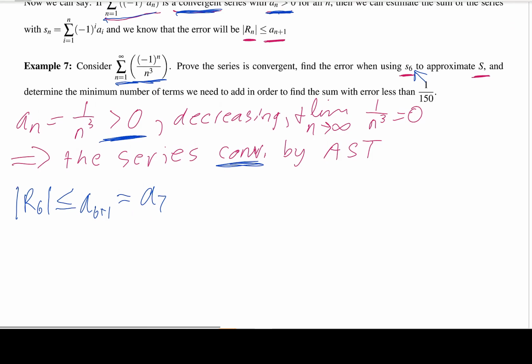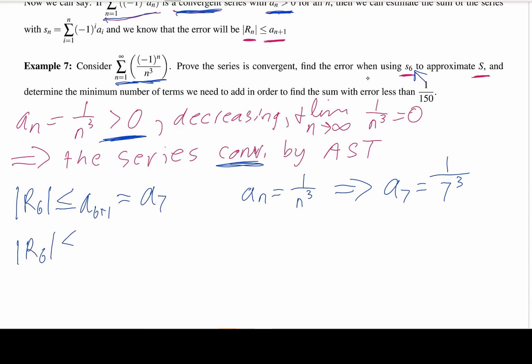Well, a sub n is equal to 1 over n cubed. So that tells me that a sub 7 is going to be 1 over 7 cubed. So what we found here is that the absolute value of this remainder, this error, has to be less than or equal to 1 over 7 cubed.